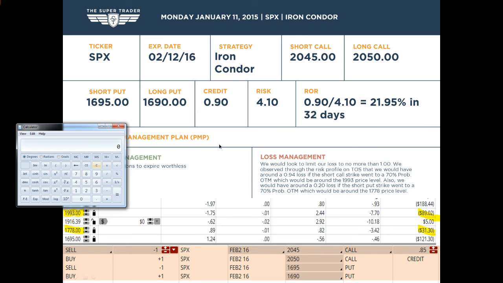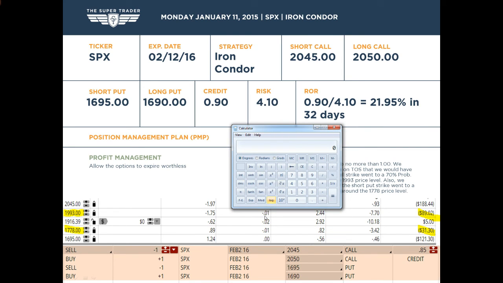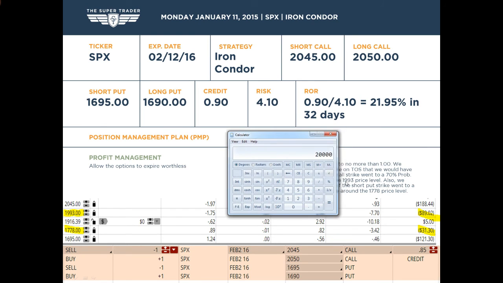We leave 80% in cash for adjustments, etc. So if I'm starting with $100,000, 20% of that is 20 grand. Pretty easy math. So if I've got 20 grand of risk capital, I'm going to take 20,000, divide that by $4.10 of risk per contract, and I'll divide that number by 100. That means I can take on 48.78 contracts here.